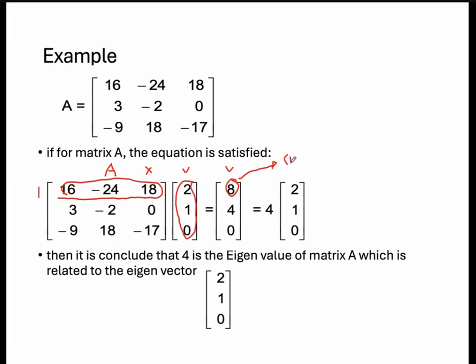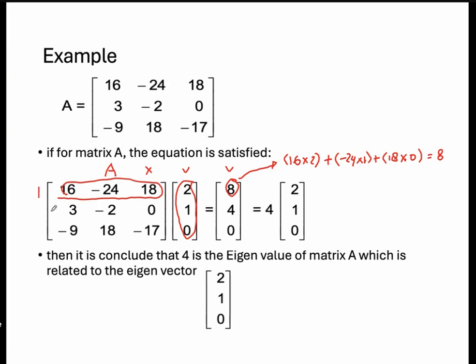For example, we multiply the first row: 16 multiplied with 2, added with minus 24 multiplied with 1, added with 18 multiplied with 0. So the result is 8.